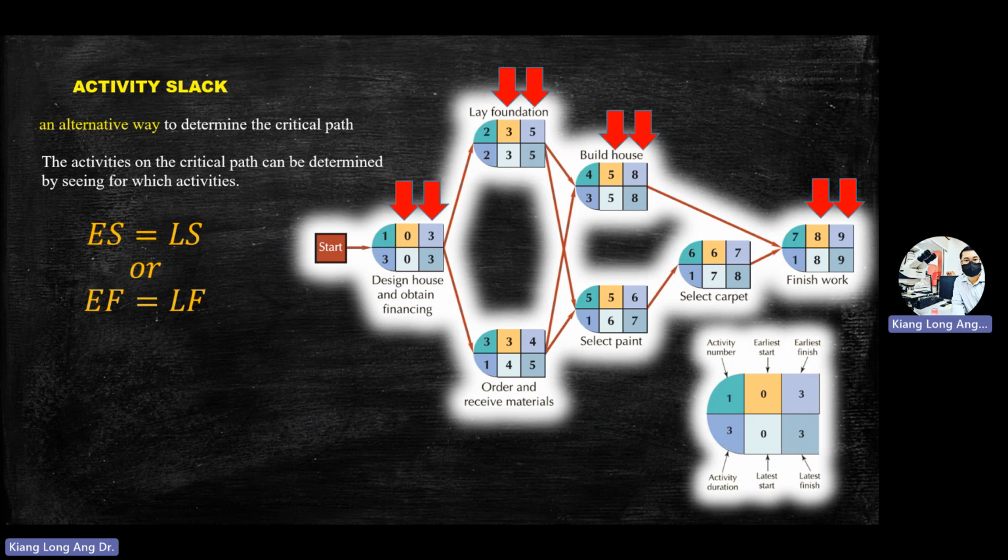Sometimes the question will ask you to explain, justify why they are critical path activities. So, two kinds of answer: they are on the longest path, or earliest start time equals latest start time, or earliest finish equals latest finish. Either one of the answers is correct.